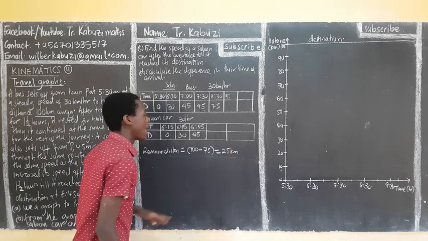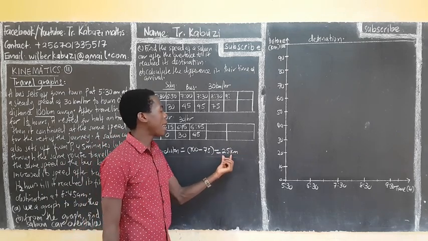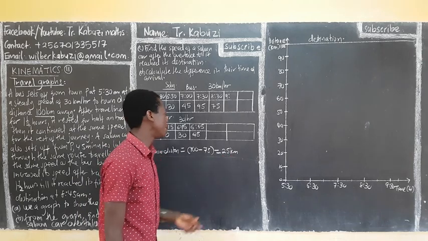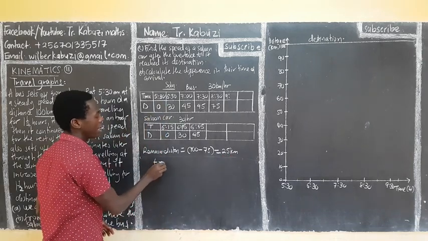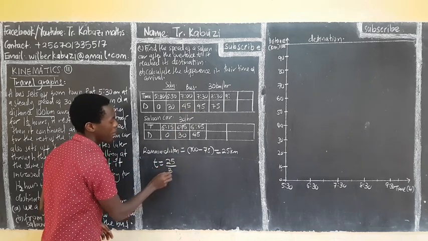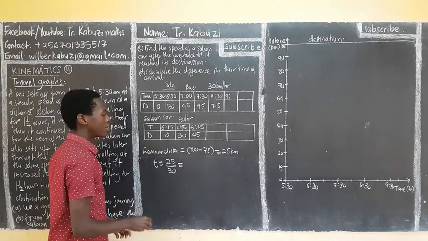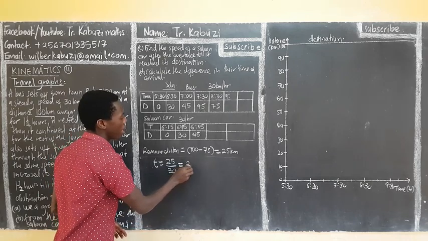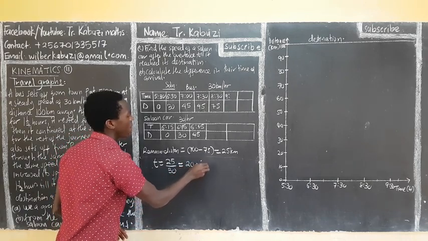I need to know how long it is going to take to cover this distance. Time is equal to the distance over the speed. This bus has a speed of 30.